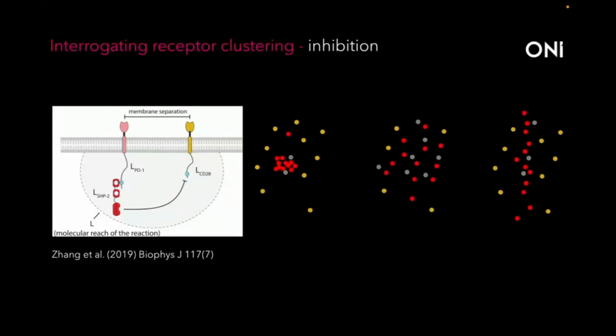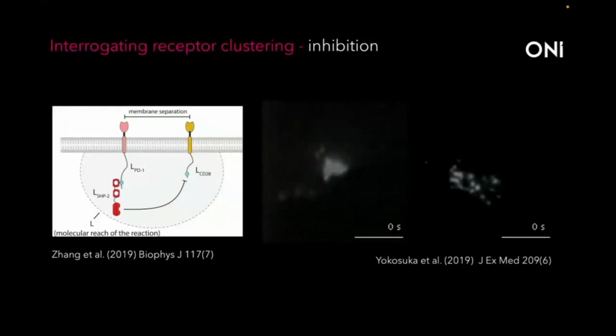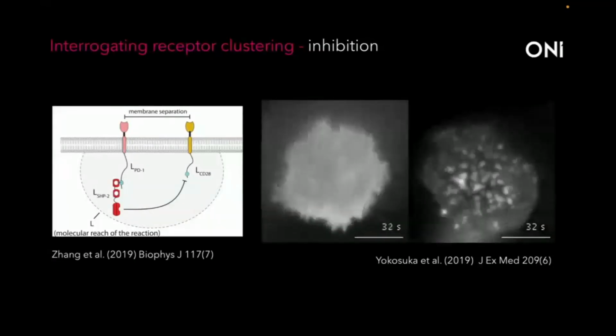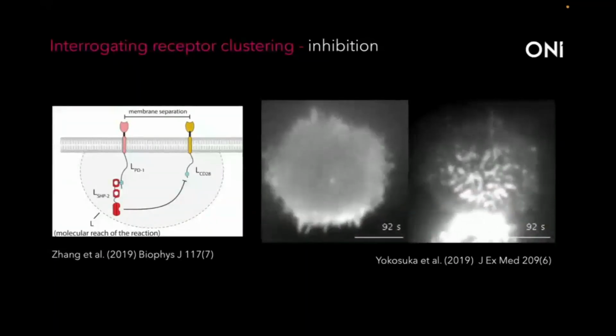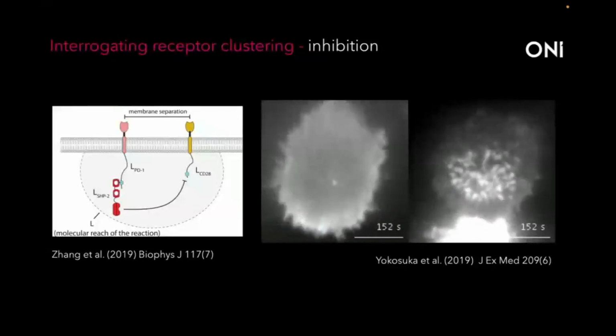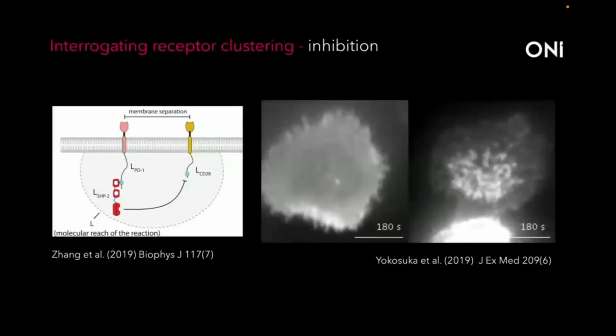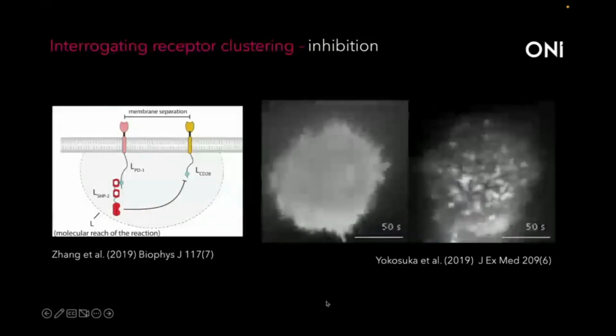And this is not conjecture, this is known to happen. So, for example, here in a study from Takashi Saito's group, we can see how PD-1 is organized in T cells as they get activated. You can see here on the left the total cell contact, and on the right you can see the distribution of PD-1. If I play it again, you can see this is very dynamic.